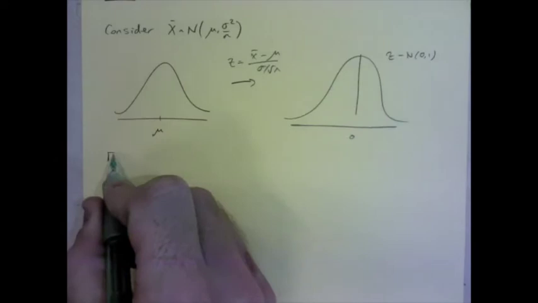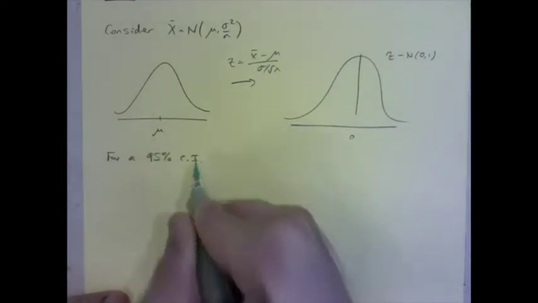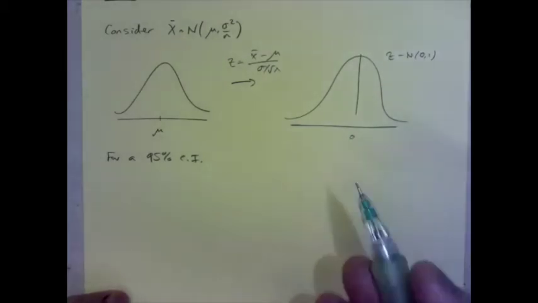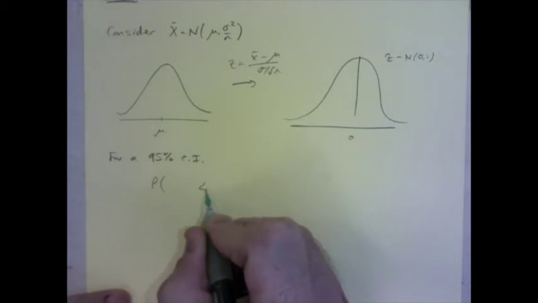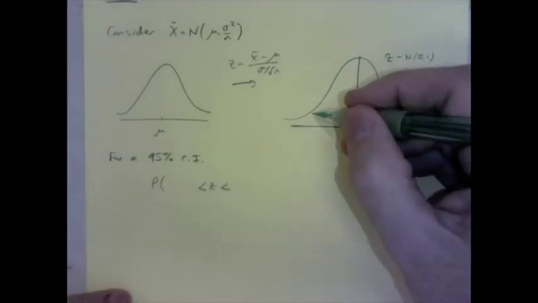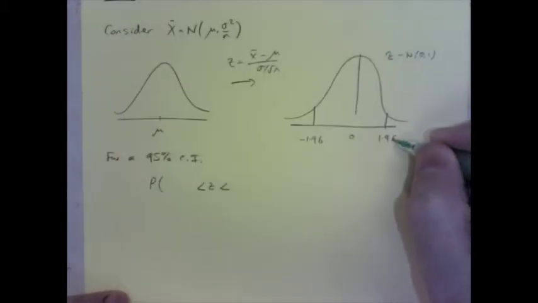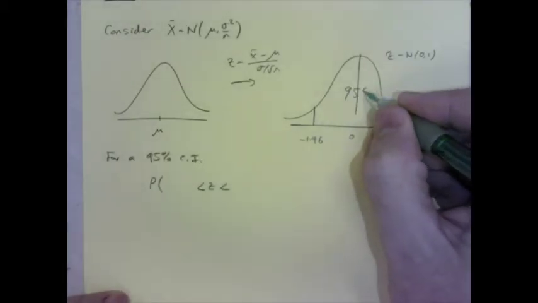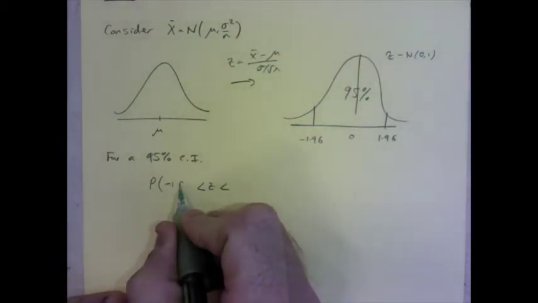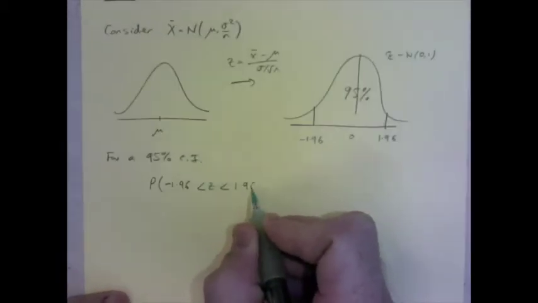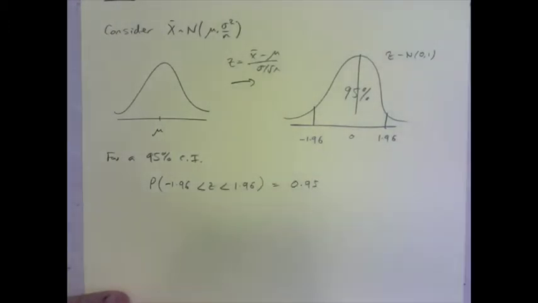So for a 95% confidence interval, what I know from my diagram here is that the probability of Z being between minus 1.96 and 1.96 is 0.95. I know that's true, so I can set this up: the probability of minus 1.96 less than Z less than 1.96 is equal to 0.95.